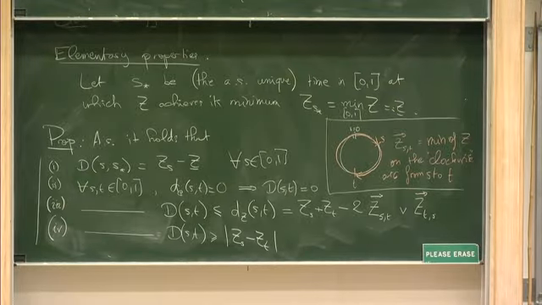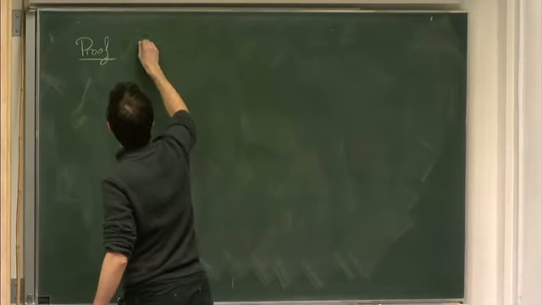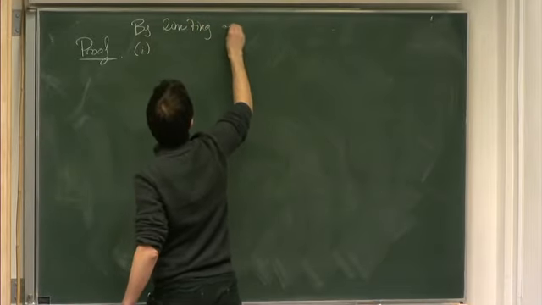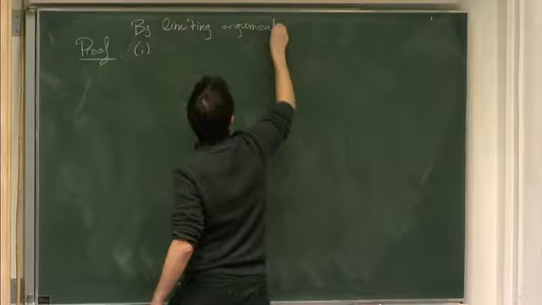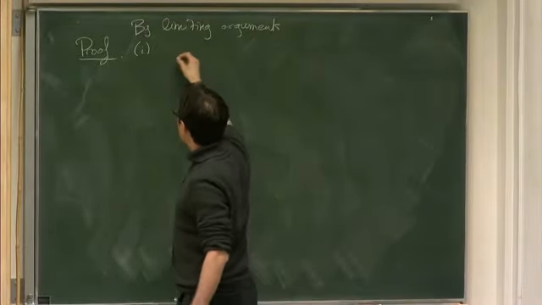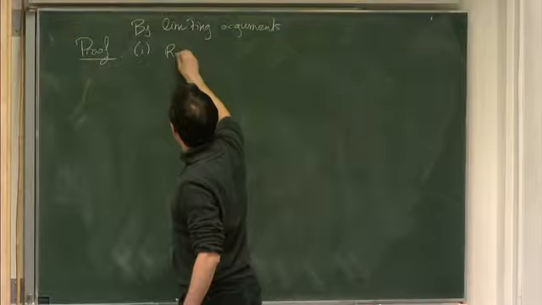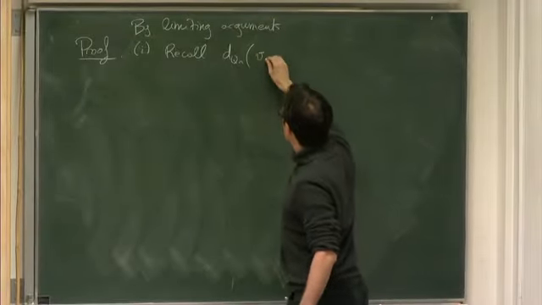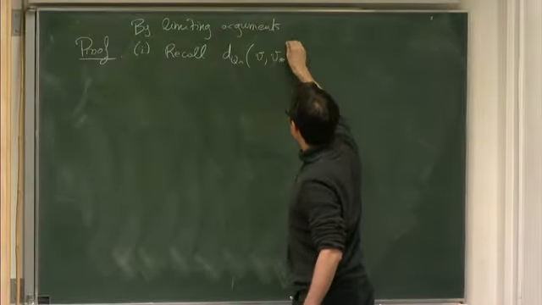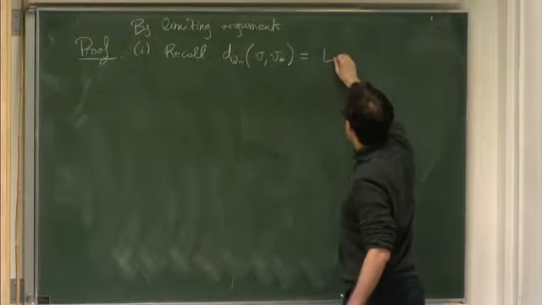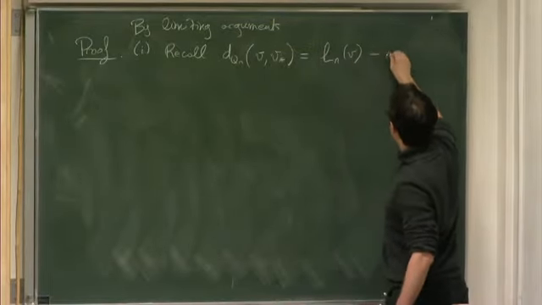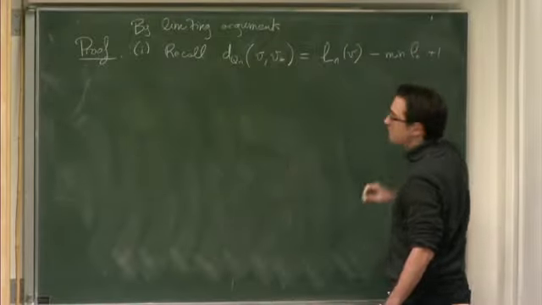Okay, so the proof essentially just follows by limiting arguments. So one follows from the fact that, recall that the distance in Qn from V to V star is just equal to the label of V minus the minimum of the labels plus 1.